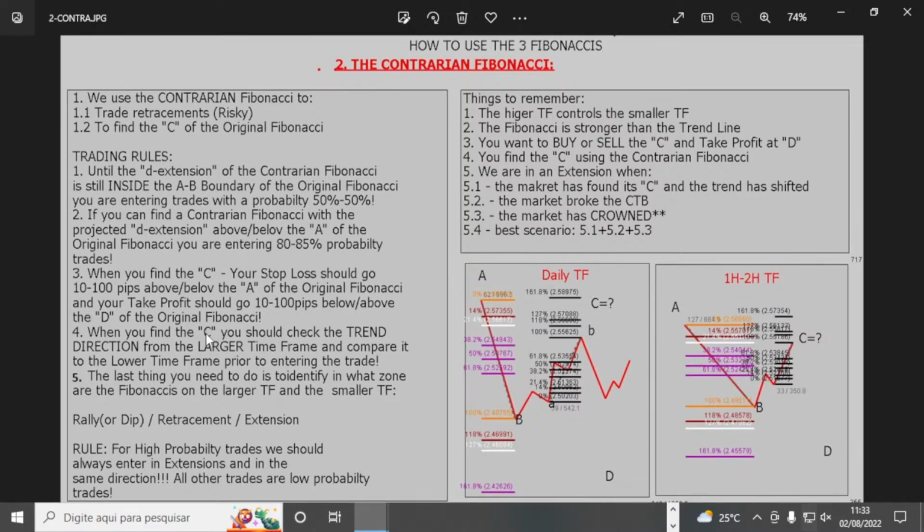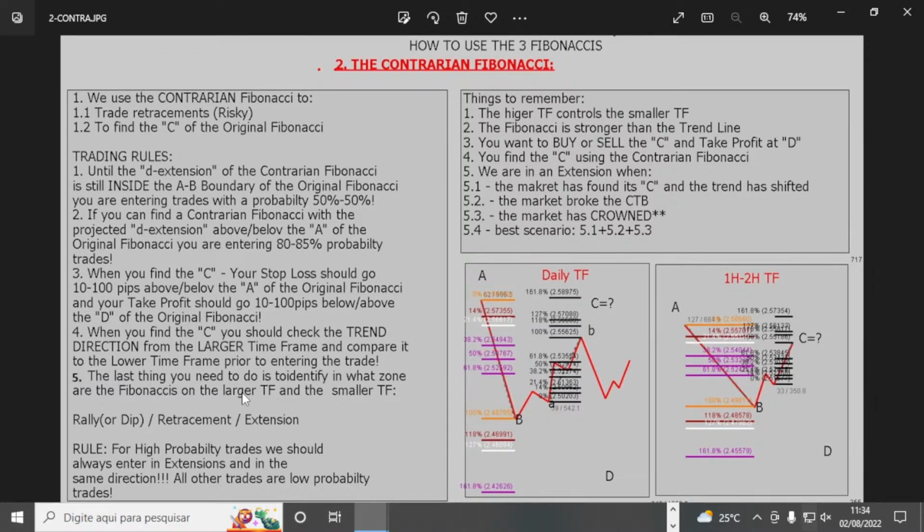Number 4, when you find the C, you should check the trend direction from the larger time frame and compare it to the lower time frame prior to entering the trade. Number 5, the last thing you need to do is to identify in what zone the Fibonaccis are on the larger time frame and the smaller time frame.